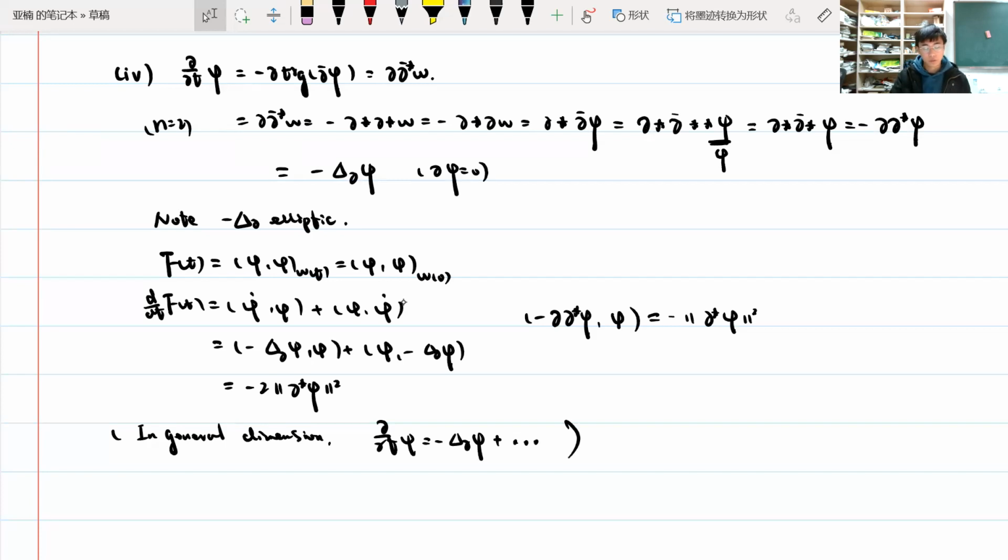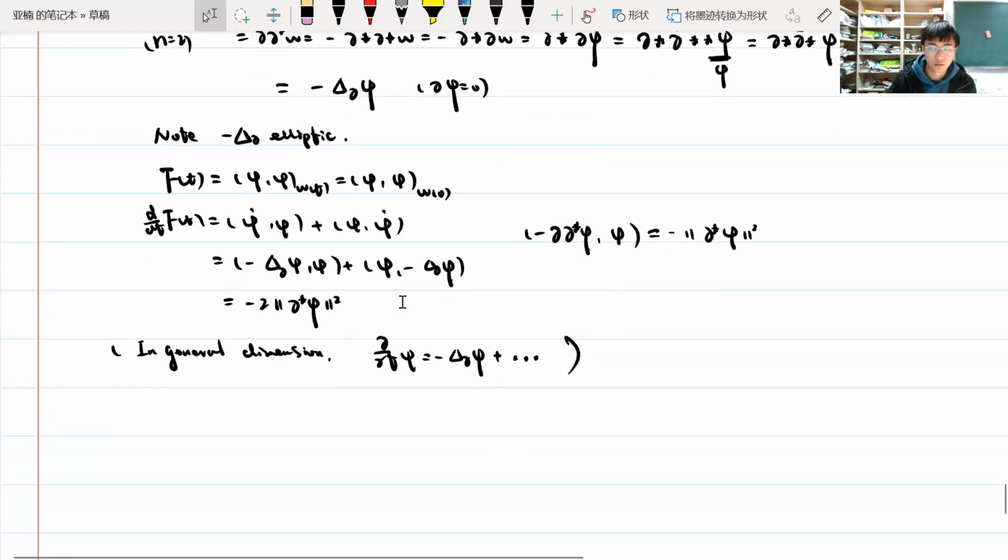So maybe there is a monotonicity of some function, but I haven't proved it because I don't know whether the extra term is positive or negative. But in the surface case, they are just zero.